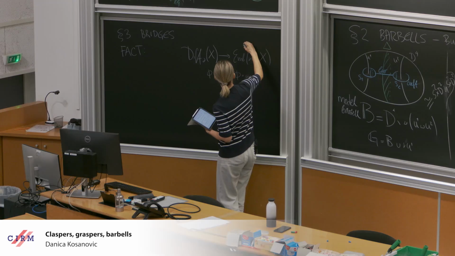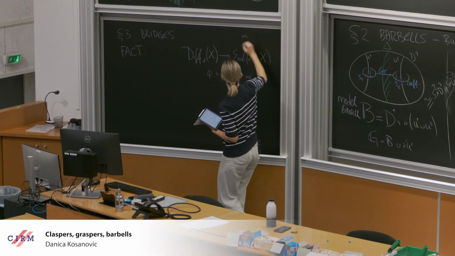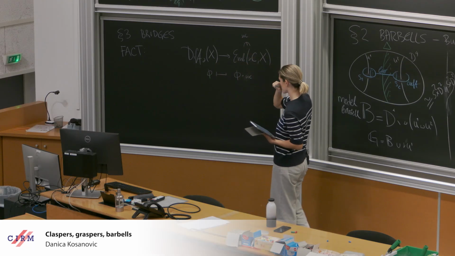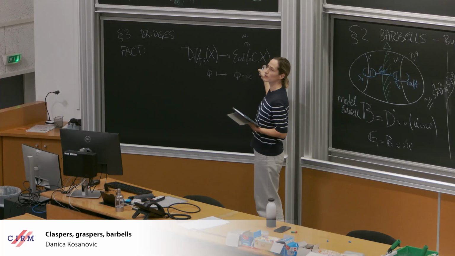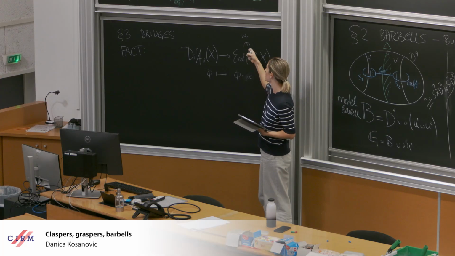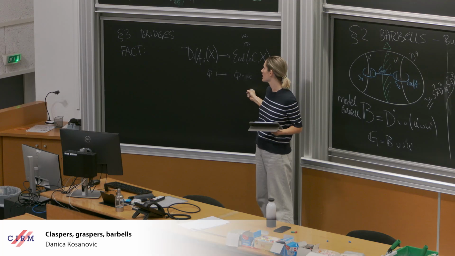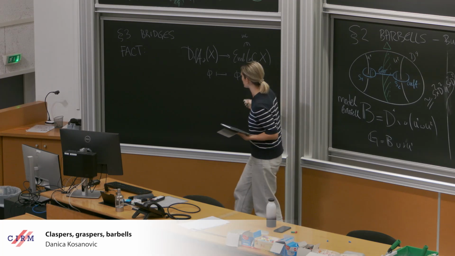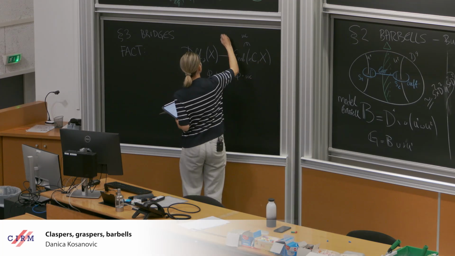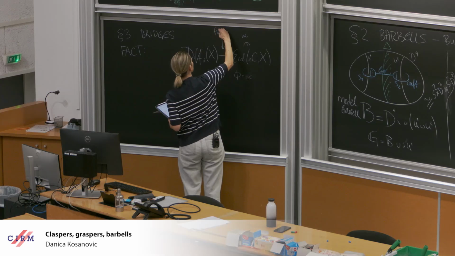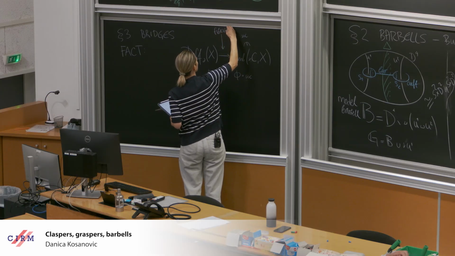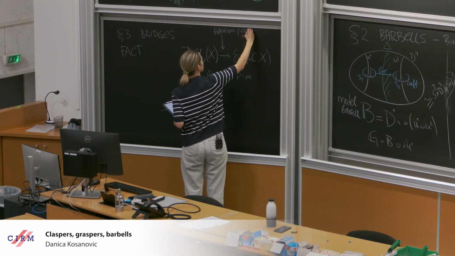Okay, so fix a base point here, little c. So you have a fixed embedding of C into X. Now you post-compose with a diffeomorphism, you get another embedding, okay? And this map is a fibration. It's even a fiber bundle. That's a classical result, Palais.